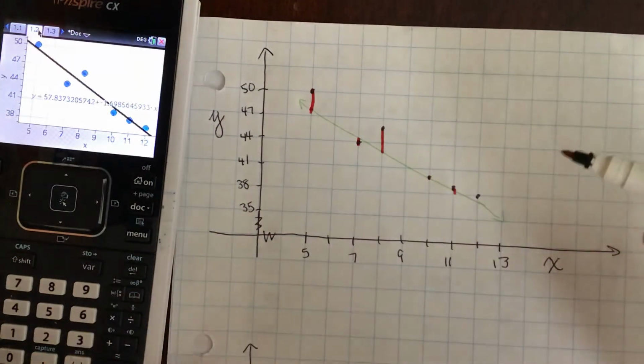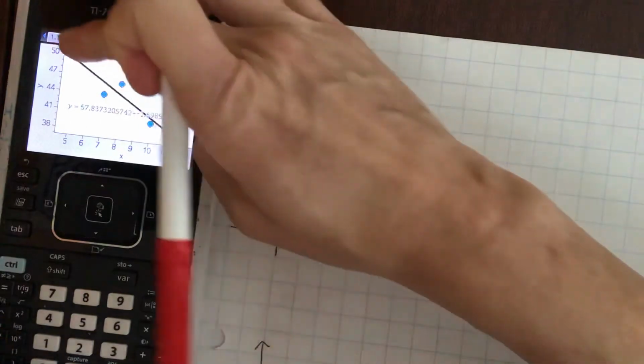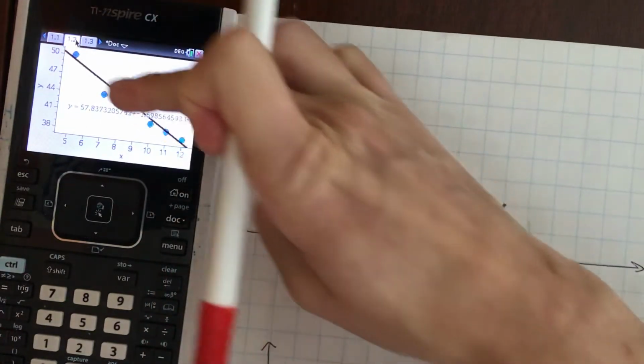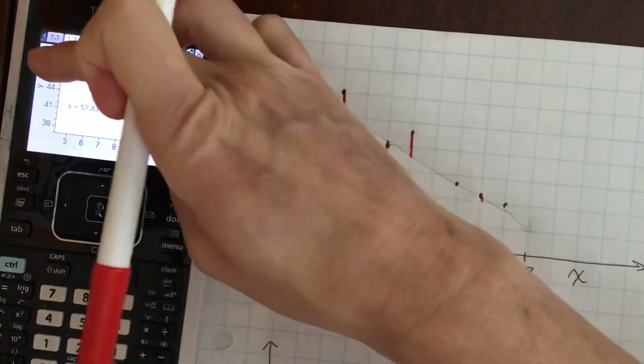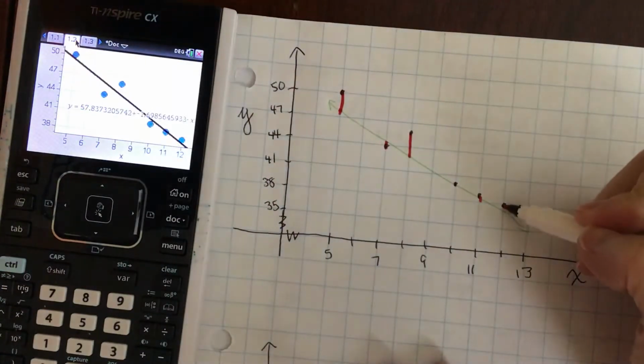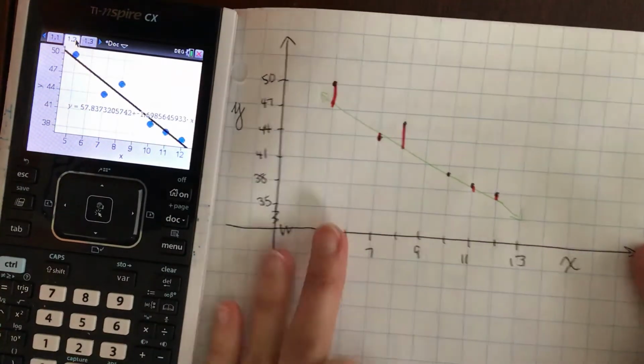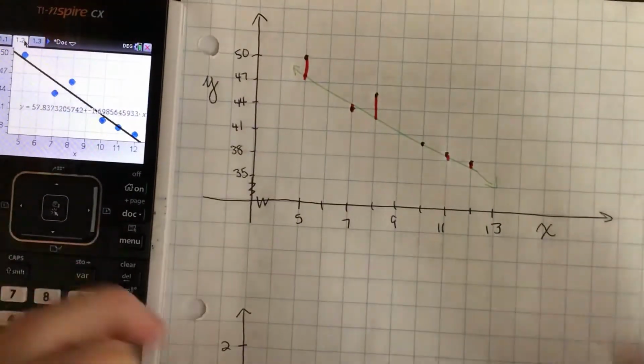And if you notice on the graphing calculator, there are some that are above. Some of these points are above, some of these points are below, and that changes and affects the overall value of our residual.